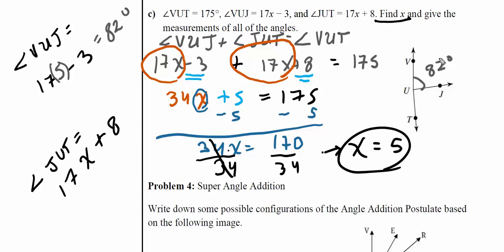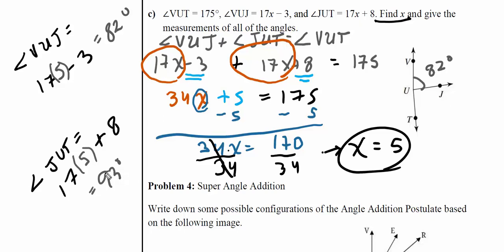That looks believable because it almost looks like a right angle, which is almost 90 degrees, right? And let's do the same thing for angle JUT. Everywhere there was an x, I erased it. I'm going to drop in that 5 that I found. 17 times 5 was 85, plus 8 is going to be 93 degrees. Please use calculators. I am so for using calculators.